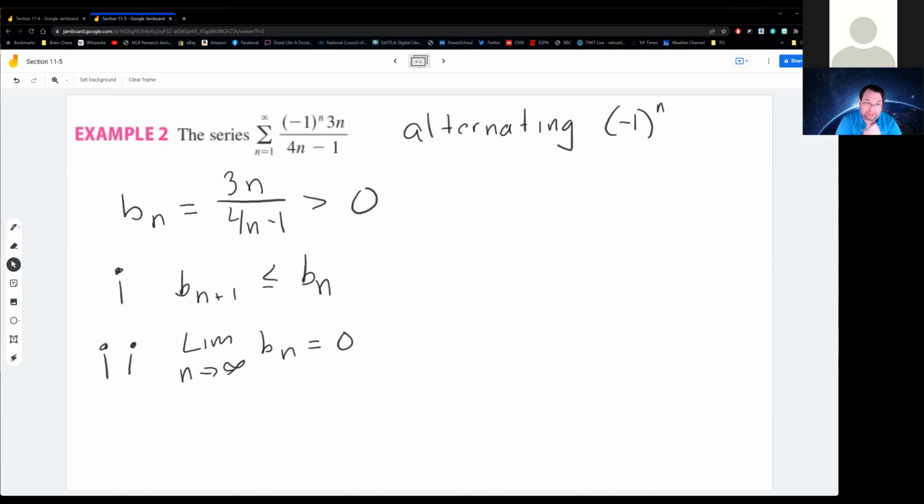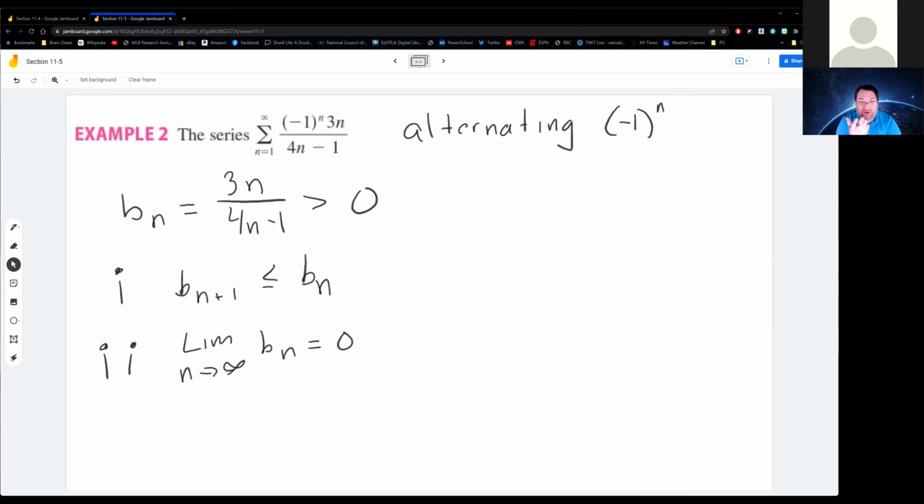So those are the two conditions. It doesn't matter which one you test first. It makes no actual difference. I look at the problem and then I determine which one I want to test first.